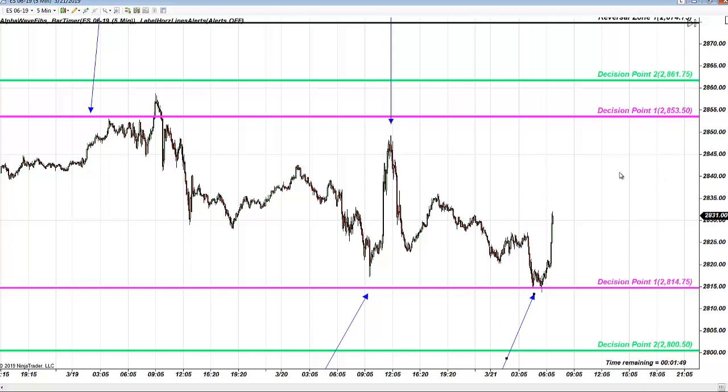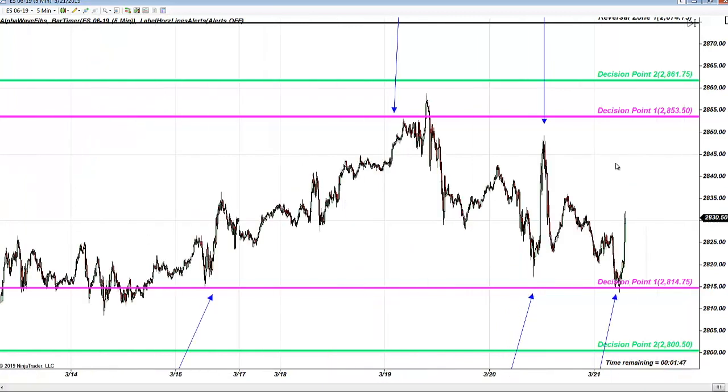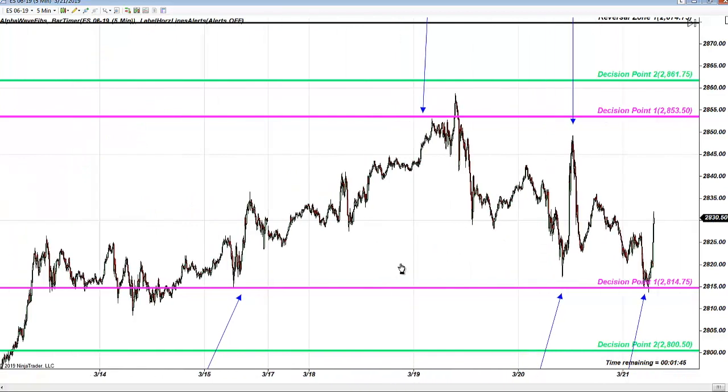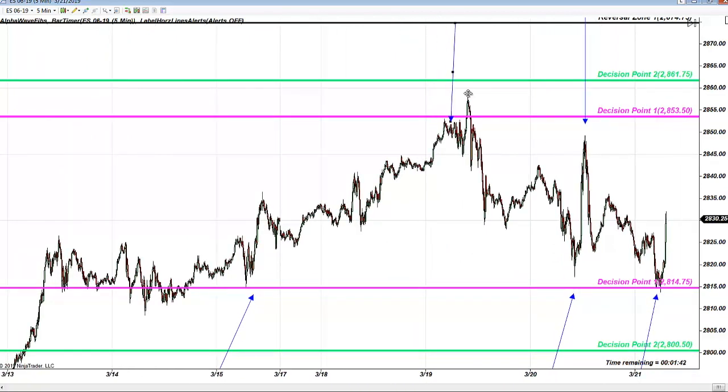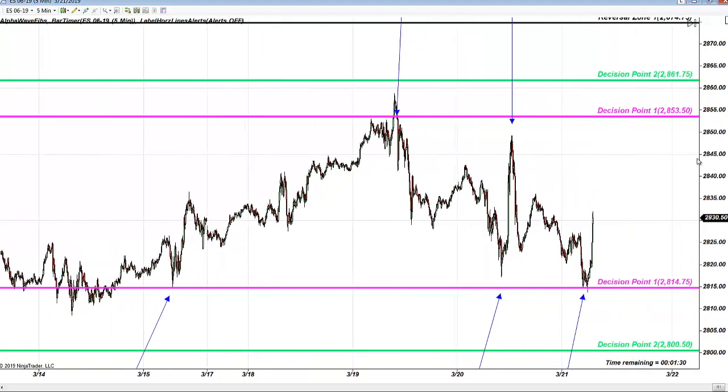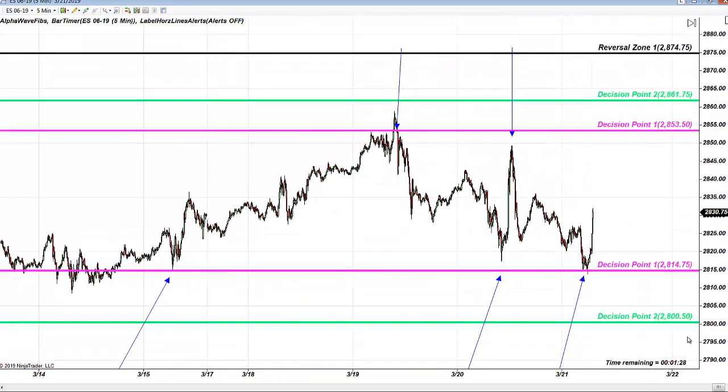And if I go back weeks ago, this is the exact same thing that happened on March 19th. This is the exact same support in play on March 15th, 14th, 13th. This is the end of the minor trend in play on S&P for weeks.